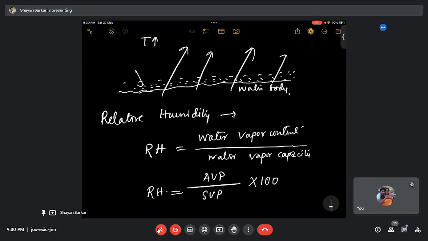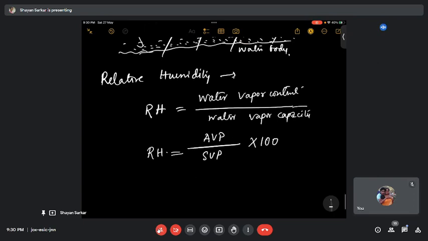So when RH is 100, suppose, what is it? It is called the saturated condition, right?